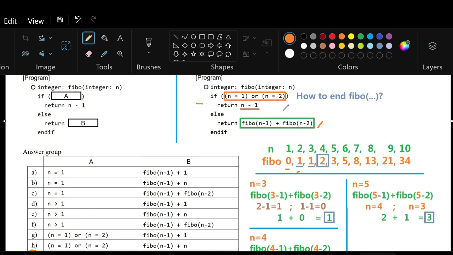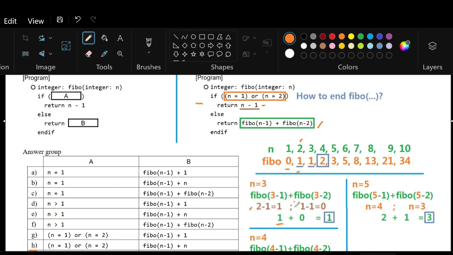And we know that if it's 2 here, it'll go here. And 2 minus 1 is 1. And that's why this one gives us 1 here.